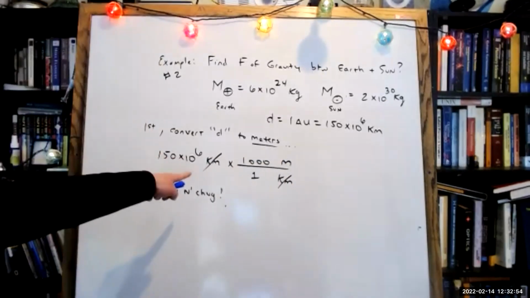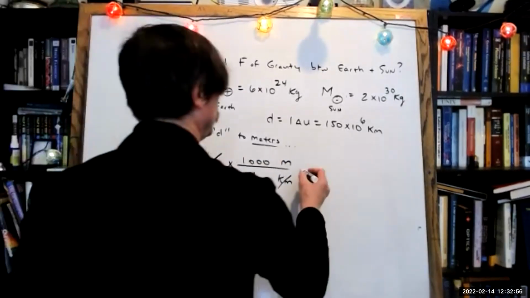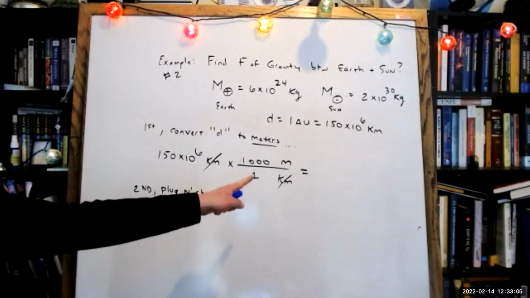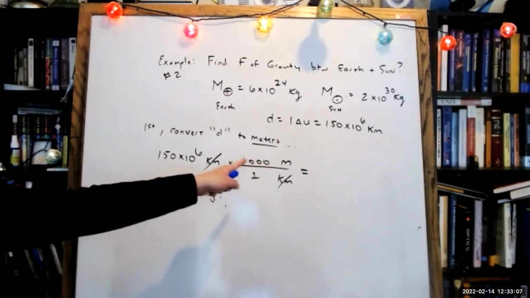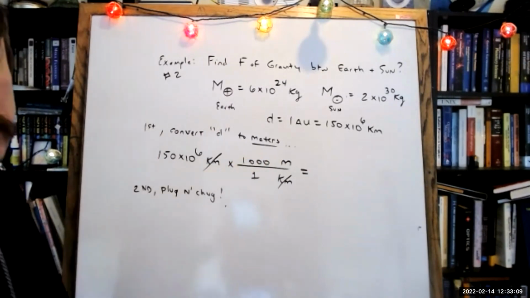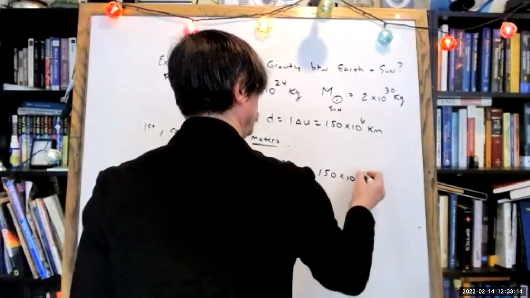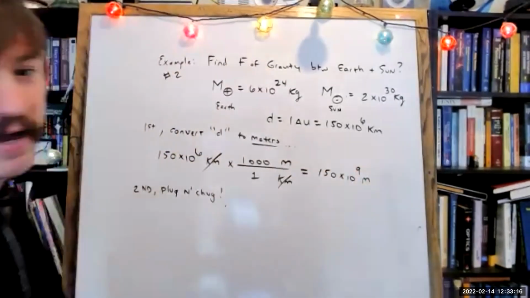Hey, Mia, how would I put that into scientific notation? No calculators. Well, it starts out as 10 to the 6, so that's 3 more zeros. So that's going to be 10 to the 9th. Very good. Is that right? Yep, 150 billion meters. Exactly correct.